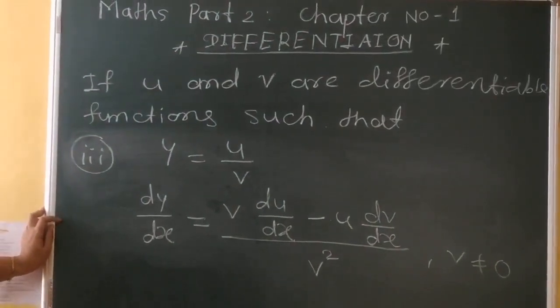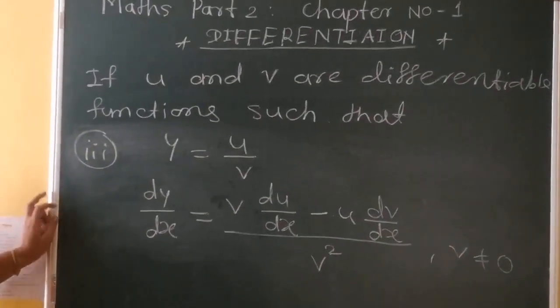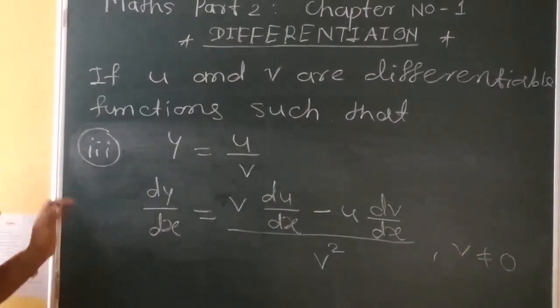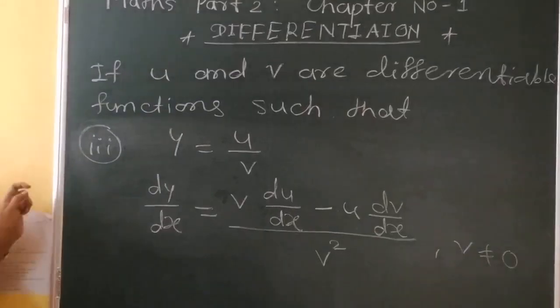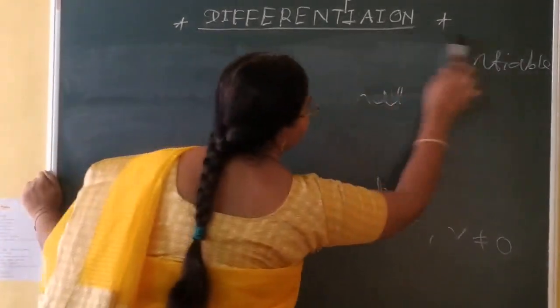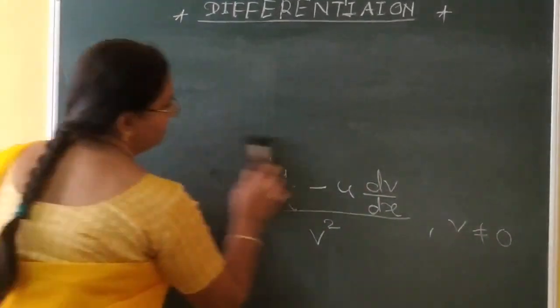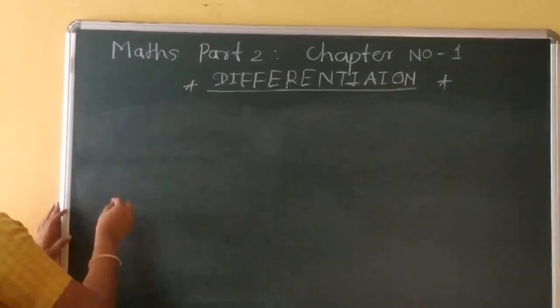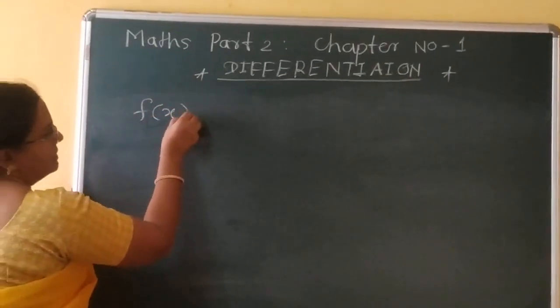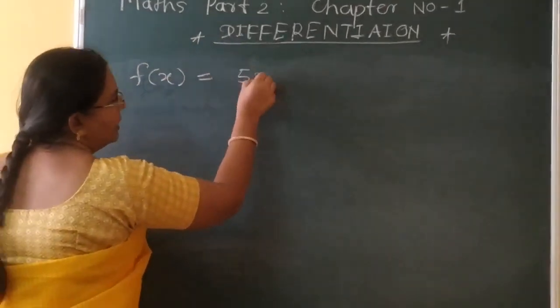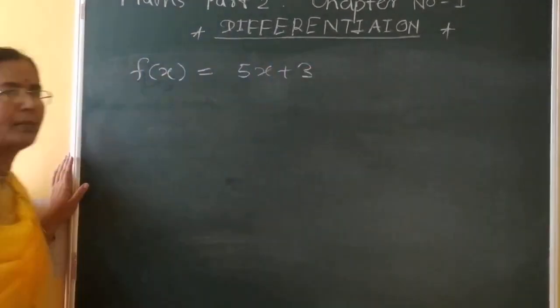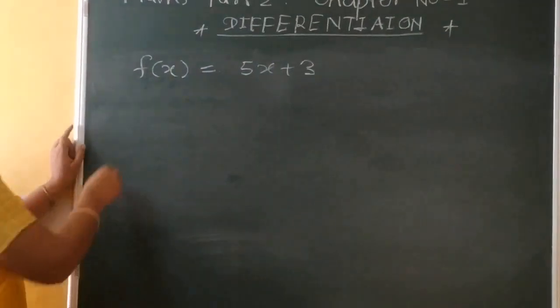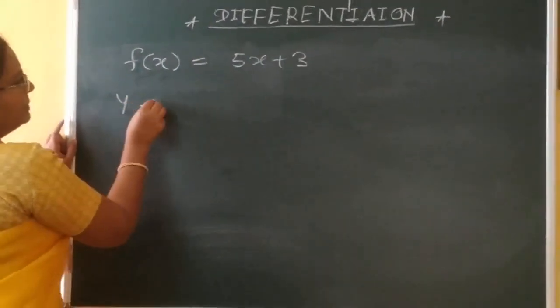After seeing these rules, we take some examples on these rules. First example. Suppose f of x is given as 5x plus 3. Then take the derivative of this function.